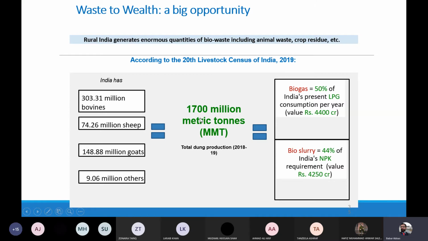All these are contributing towards the generation of 1700 million metric tons of total dung, which can be converted to biogas and bioslurry.